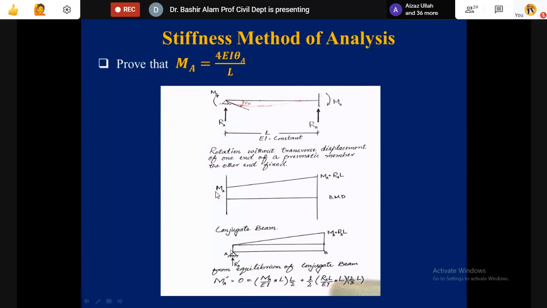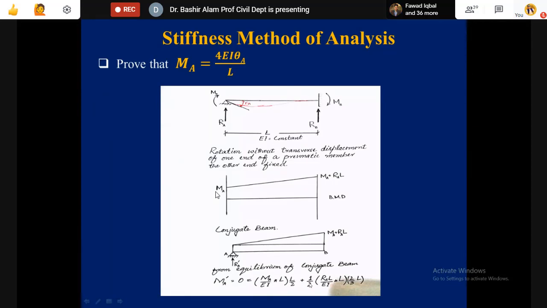And how much will be the moment arm up to this? It will be 2/3 of the L. So here you can see 2/3 of the L. We are taking moment because of this rectangle and triangle about this A. In the conjugate beam, these numbers are shown with a prime. So the moment about A in the conjugate beam, MA prime, should be equal to 0, and this is how it is calculated.